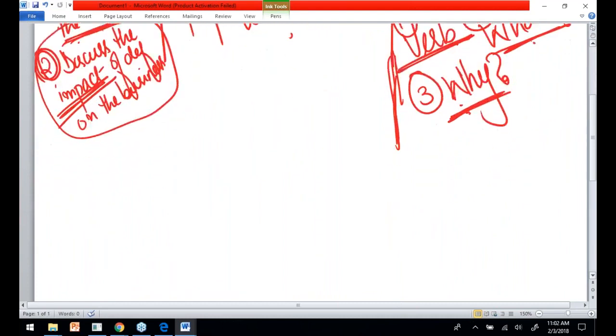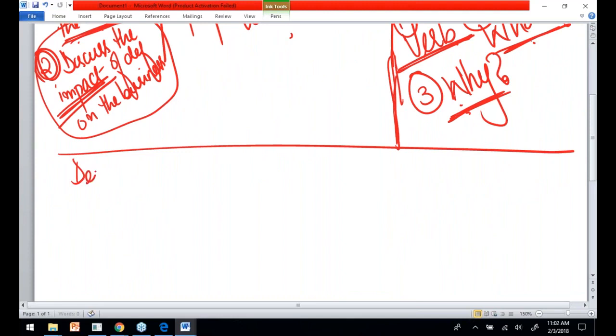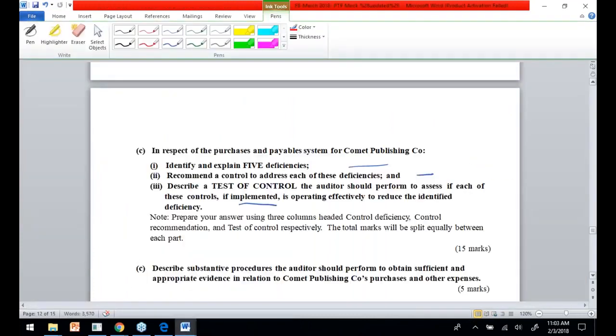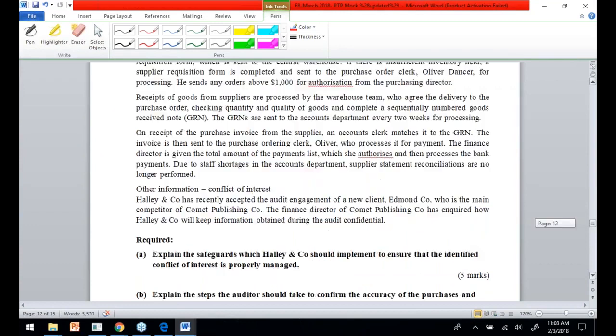Let's do one easy example from the case. Deficiency, recommendation, and a TOC. Let's go back to the question.